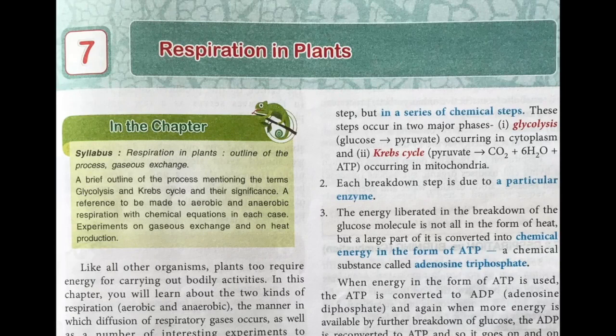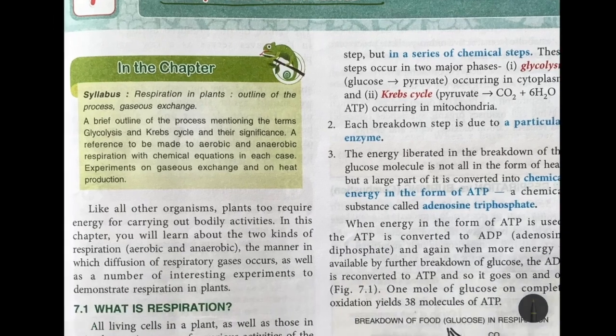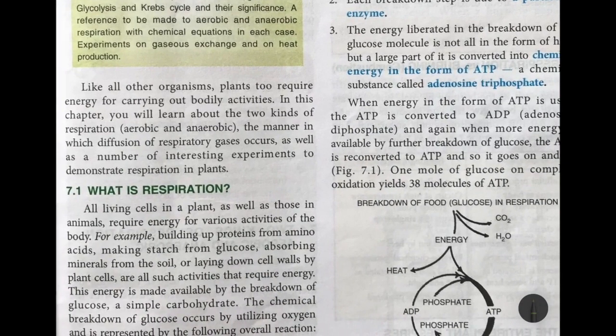Now in biology today we are going to start with a new chapter, that is respiration in plants. Like all other living organisms, plants also need energy so that they can carry out all the activities that take place inside their body. So in this chapter we'll learn about the types of respiration.